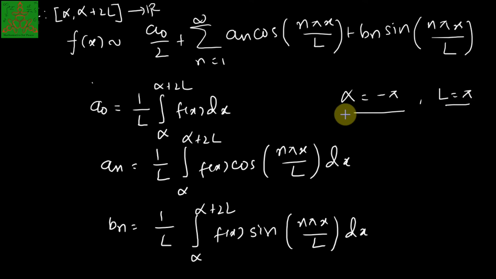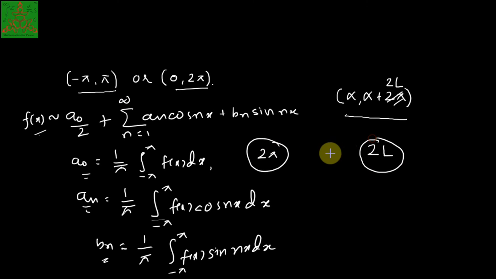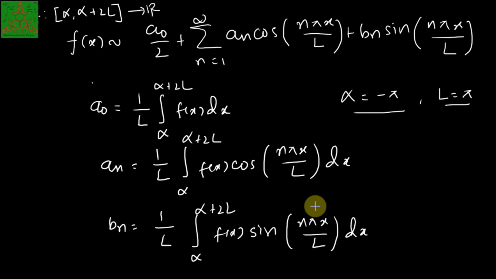So if you substitute alpha is equal to minus pi and l is equal to pi, you will get your Fourier series in the interval minus pi to pi, which is for a 2 pi periodic function. Here your function is a 2l periodic function, so that's why it is represented in this manner.